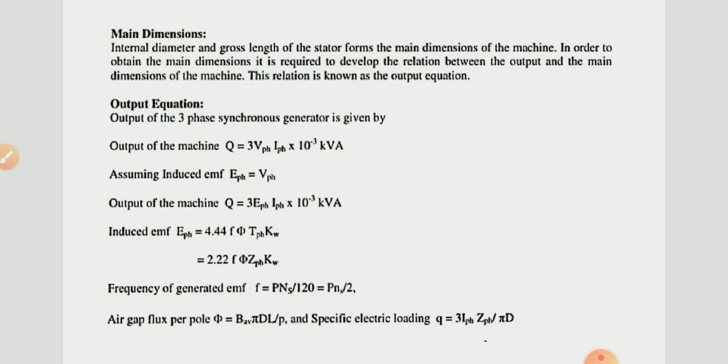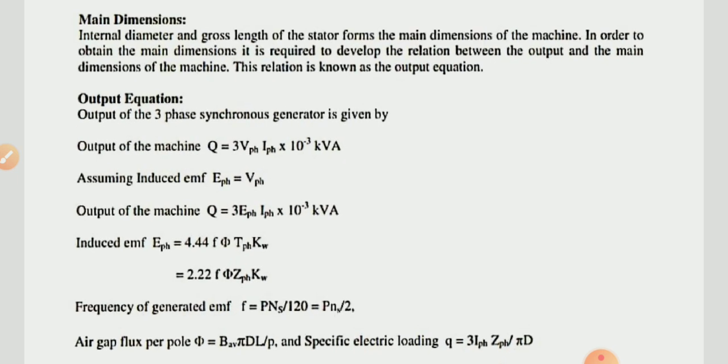In order to obtain the main dimensions, it is required to develop a relationship between the output and the main dimensions of the machine. This relation is known as the output equation. The output equation of the synchronous machine is the same as the output equation of the AC machine.